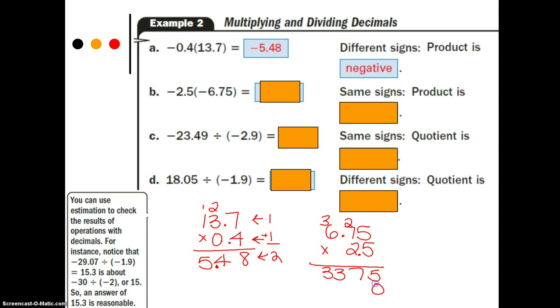Now add a placeholder and go to 2. 2 times 5, 10. Get rid of this 2, but put a 1. 7 times 2 is 14. Add the 1. 6 times 2 plus 1.